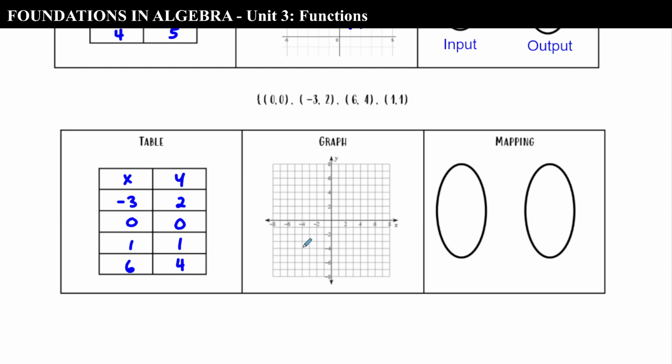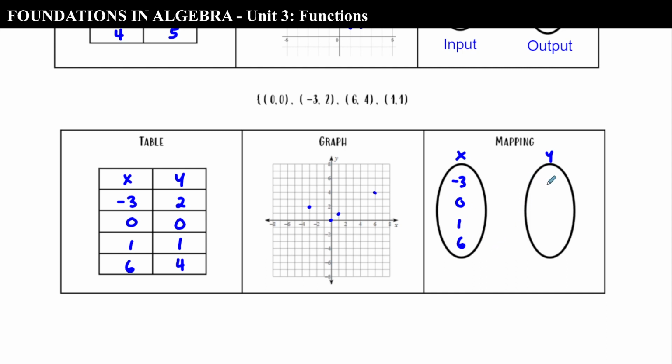So let's graph these. When we do the graph of these, we are going to end up with (-3, 2), (0, 0), (1, 1), and (6, 4). So there's your graph of these 4 points. And now in the mapping, we're going to do all of our x values once. So we've got -3, 0, 1, and 6.